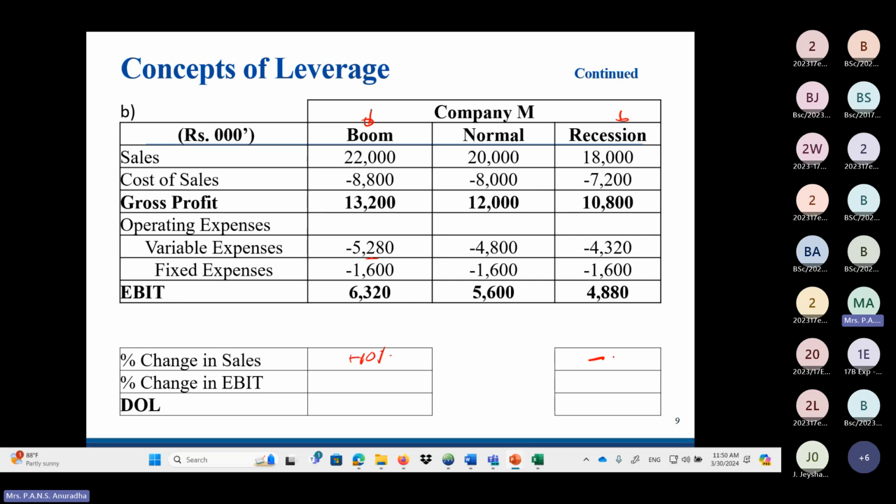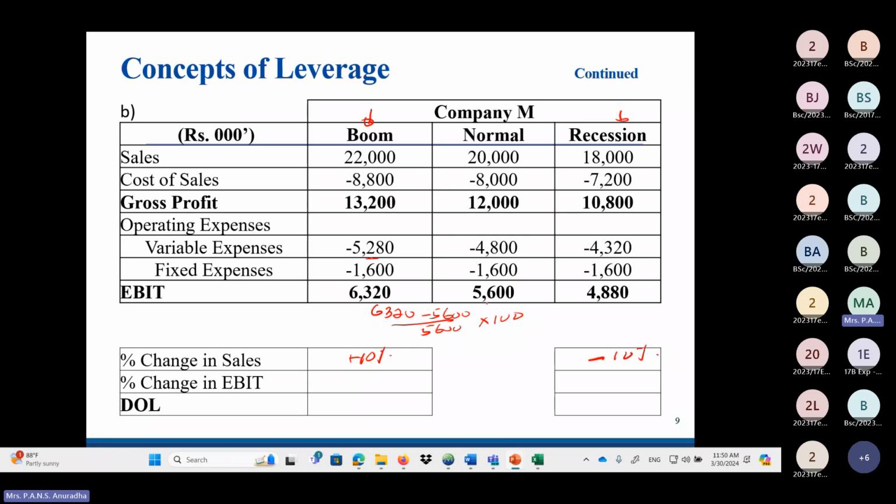For the recession, it is minus 10%. So you can calculate the EBIT change: 6,320 minus 5,600, divided by 5,600, into 100. This is the percentage change in EBIT.